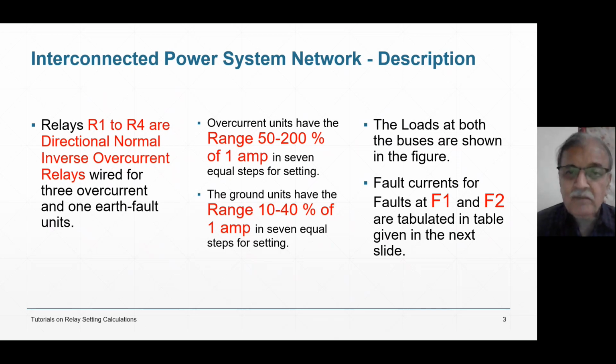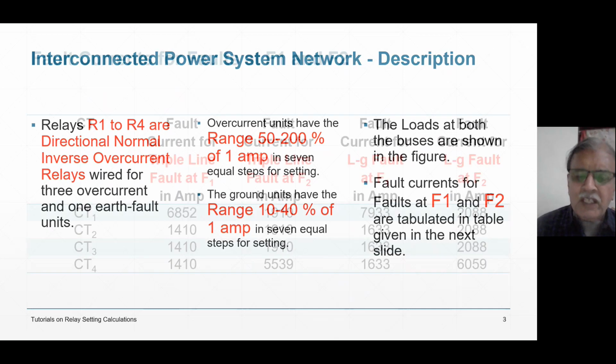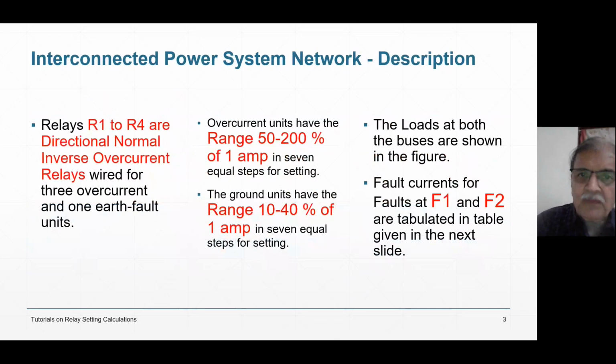In the forthcoming tutorials we will take more steps when we come to numerical relays. Right now, let us limit ourselves to 7 steps. That is the 50%, 75%, 100%, 125, 175, etc. That we are not talking about right now. We are talking about ground relays, that is 10 to 40%: 10, 15, 20, 25, 30, 35, and 40.